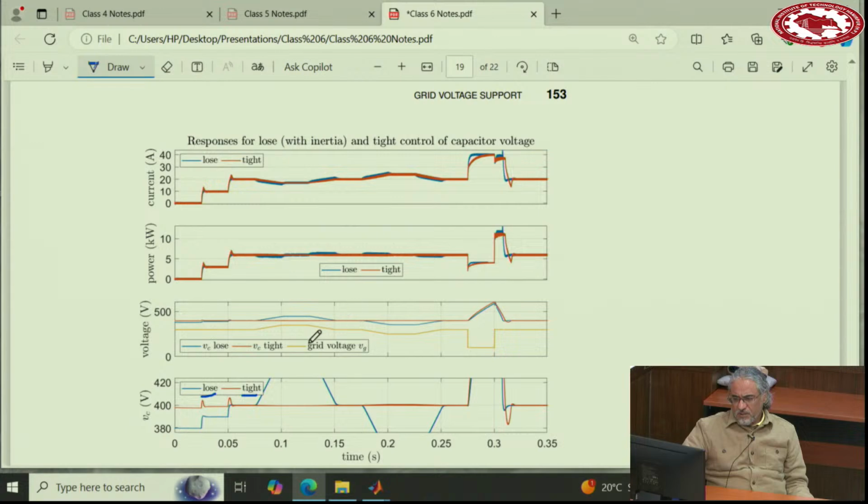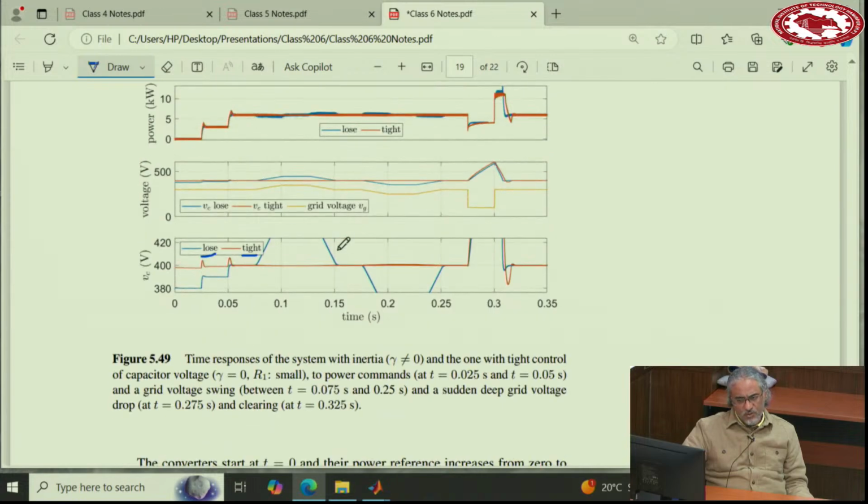The loose one provides inertia, however the capacitor voltage changes. The tight one does not provide inertia, but the capacitor voltage is constant. If you really don't want to provide inertia, you can use the same controller. You need only adjust two things: put gamma equal to 0 and choose R1 small, much smaller than the case where you provided inertia.